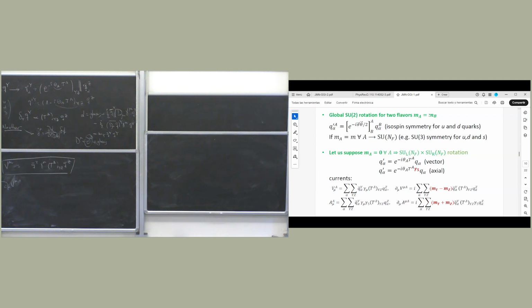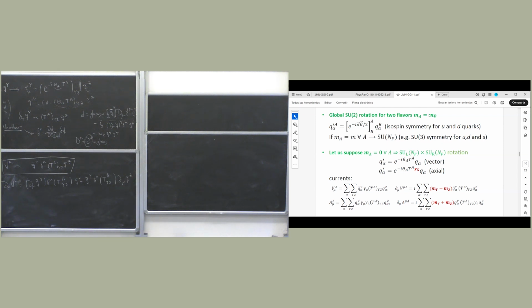So d mu V mu is going to be d mu q bar y gamma mu t a y z q z plus q bar y gamma mu t a y z d mu q z. Does it make sense to you?